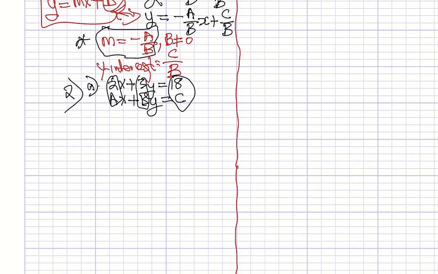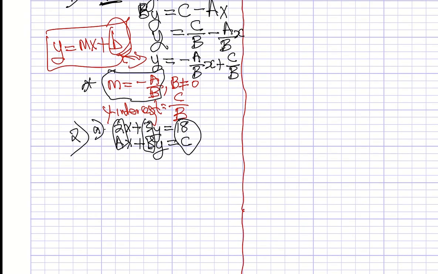So the slope for part a is minus a over b, which equals minus 2 over 3, because a is 2 and b is 3. That's all they're saying. If you can't see it, think about it clearly and you will see that.